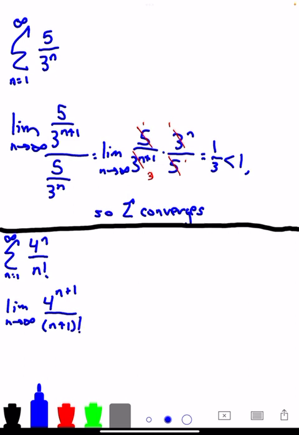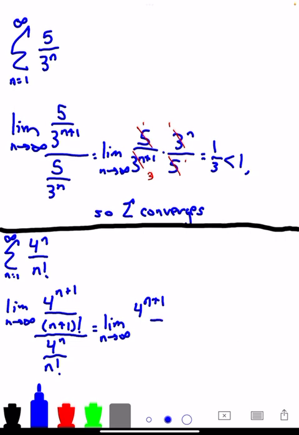Remember, we use that instead of n factorial, over the original numbers from the series, which is 4 to the n over n factorial. Once again, remember, when we divide by a fraction, we still must multiply by the reciprocal.